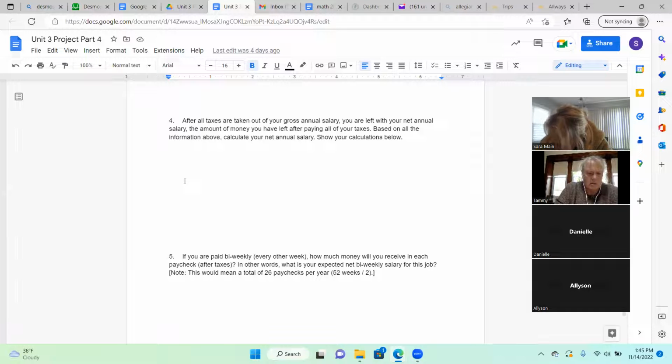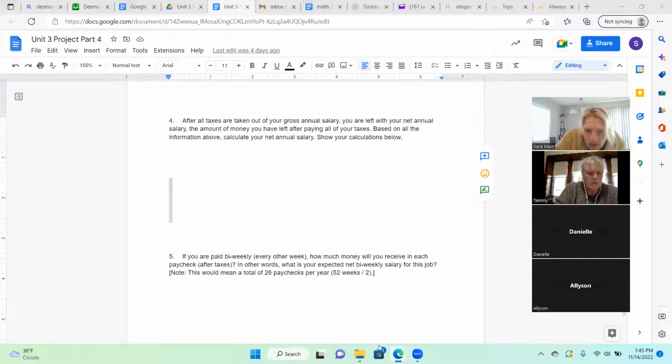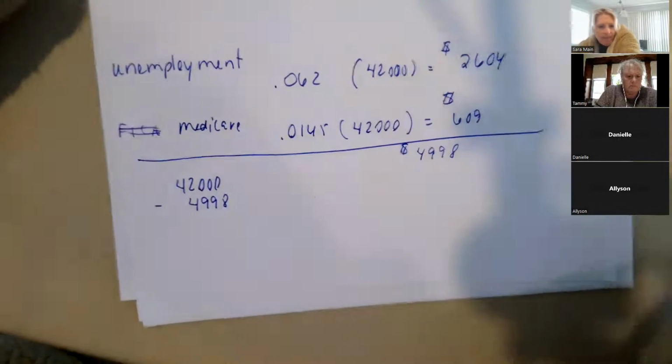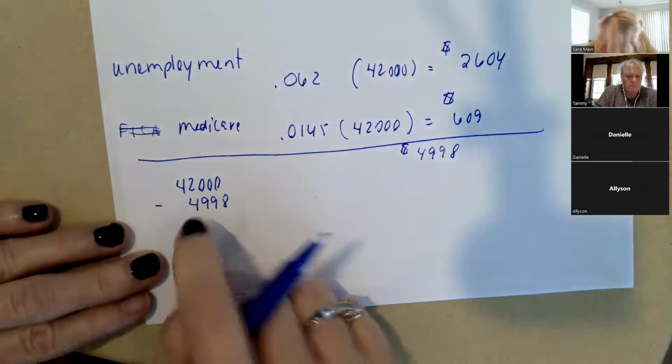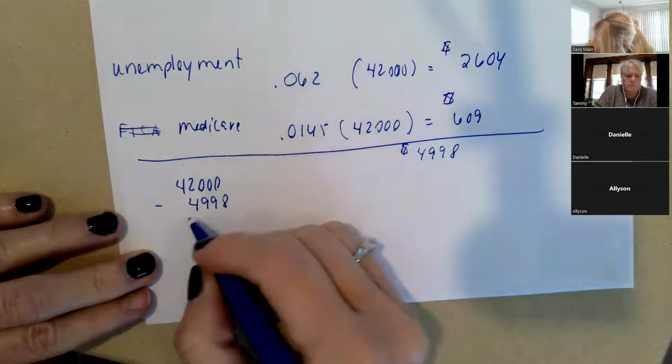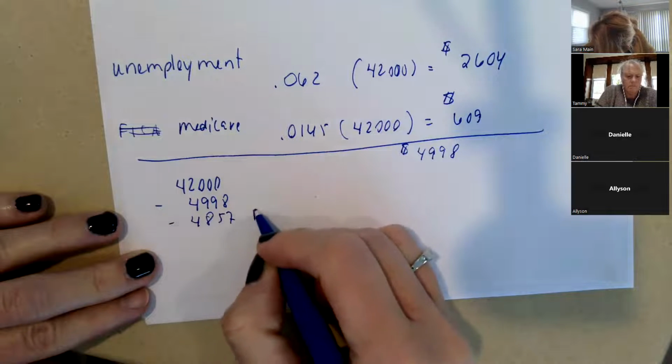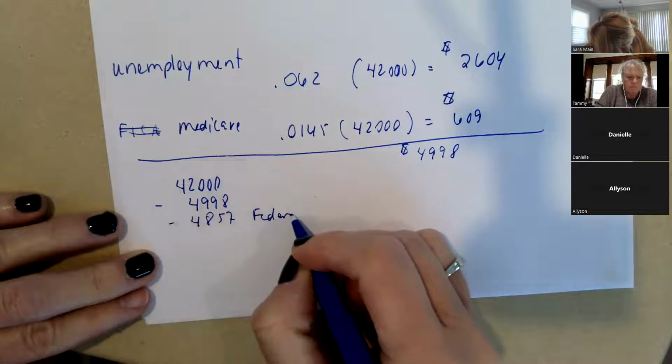Okay. And then is that all we have to subtract? Because we want a net annual salary. Oh, no, we have to subtract the 48.57 too, right? Yep. This is the federal taxes.